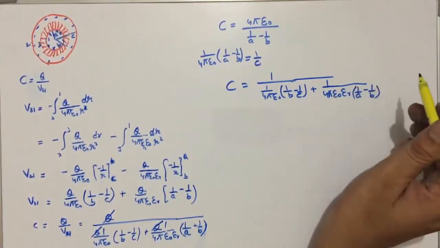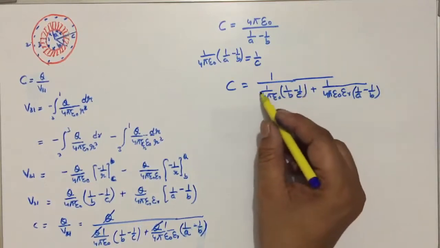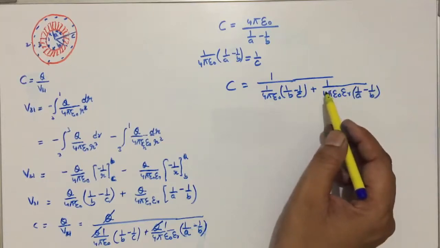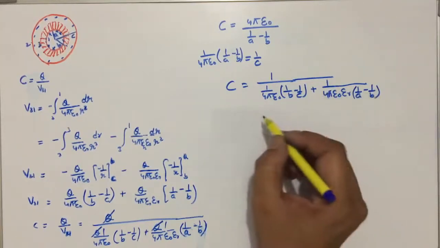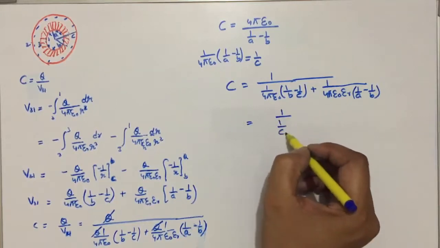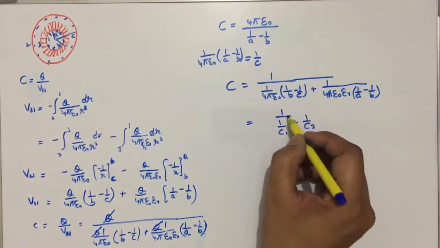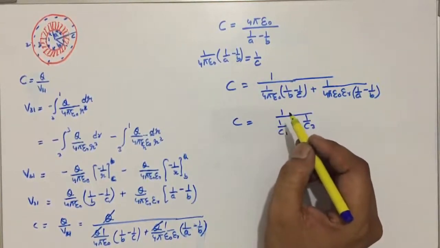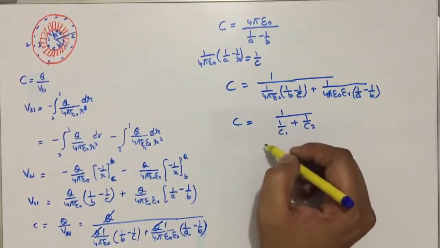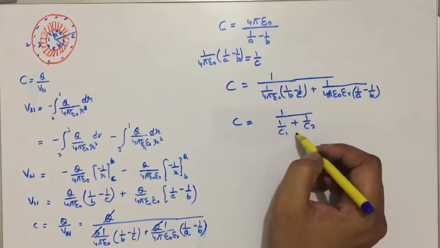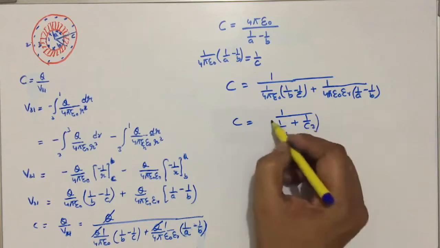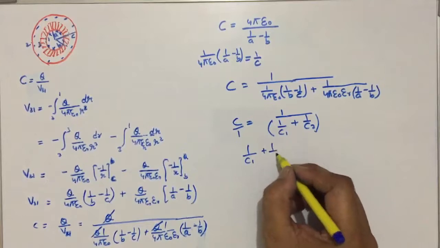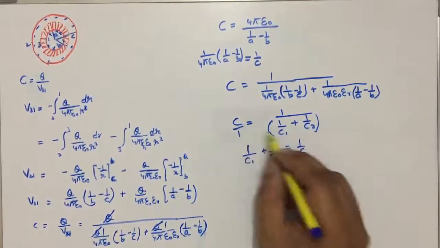Then this can be written as 1 by C1, and this as 1 by C2. So here it can be written as 1 by C1 plus 1 by C2. Bring this again, do cross multiplication, then 1 by C1 plus 1 by C2 is equal to 1 by C.